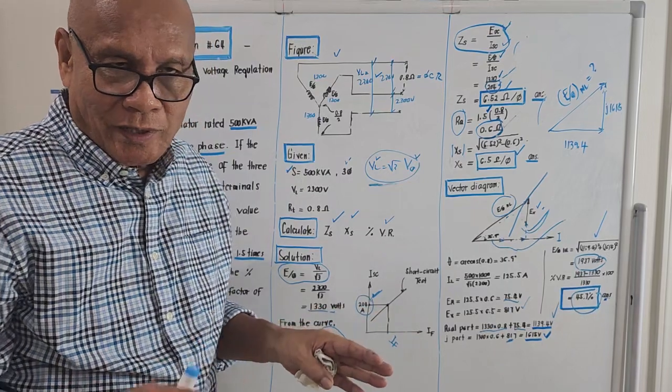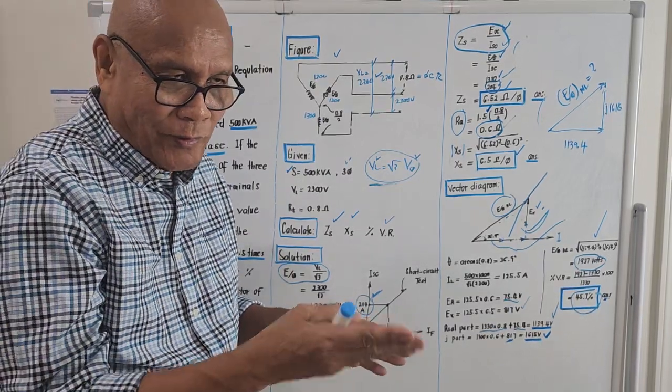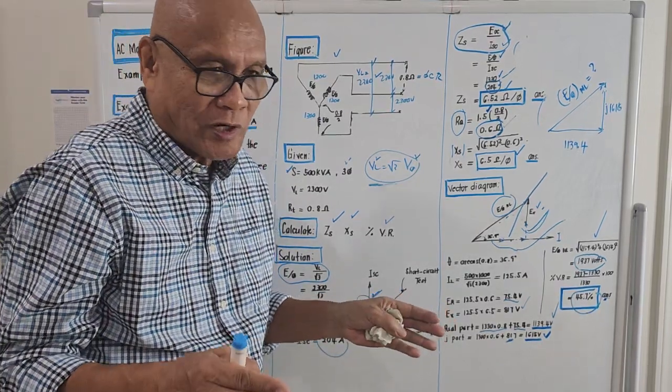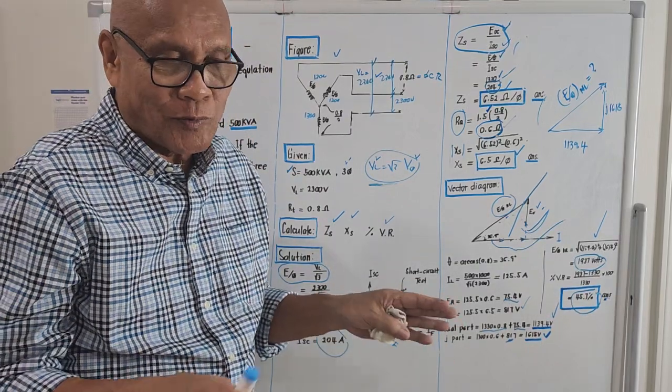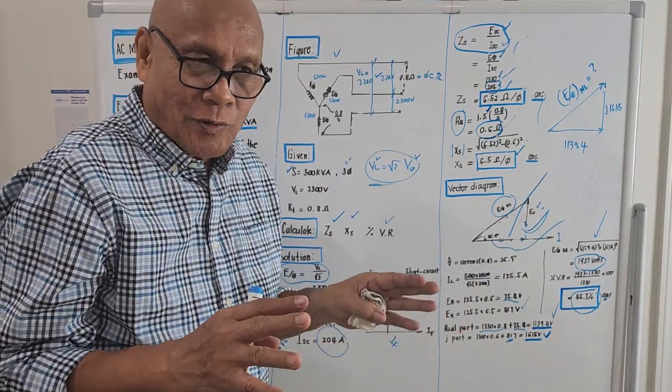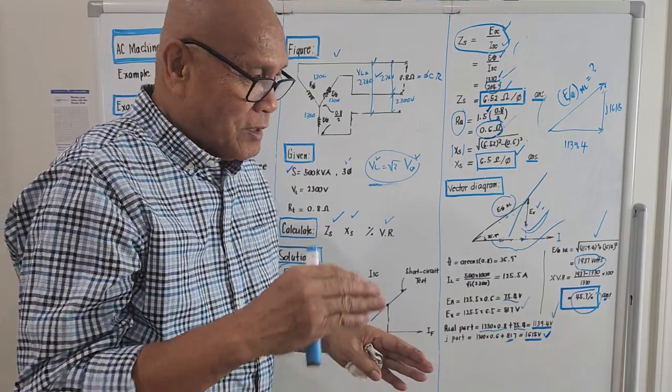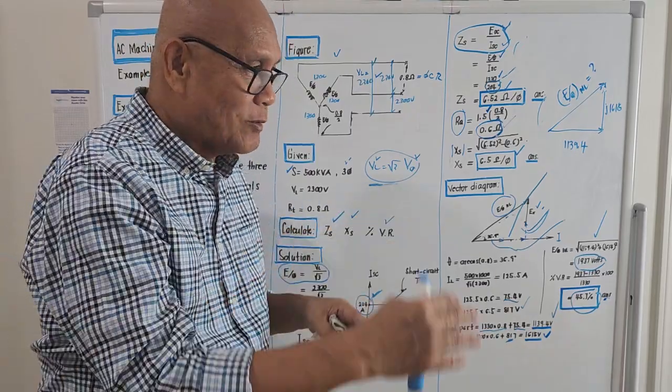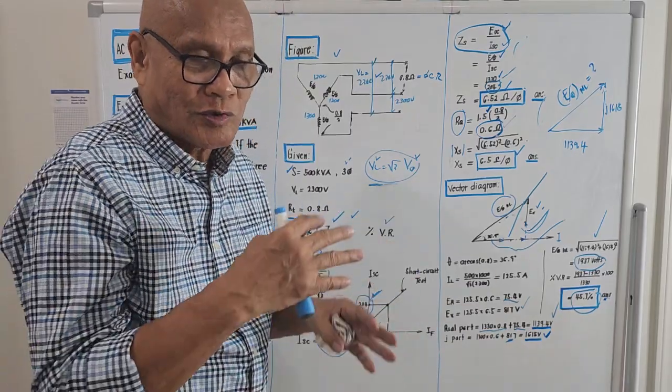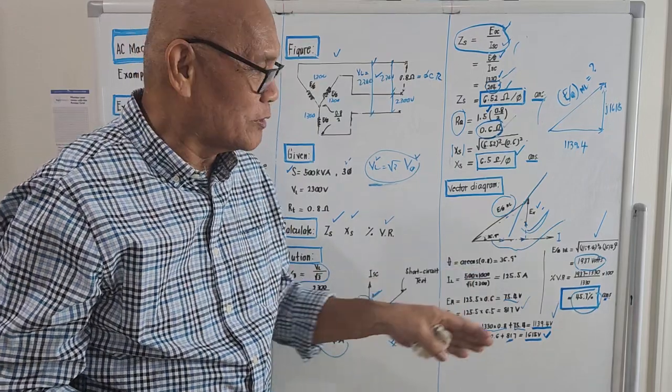For the transformer, the percent voltage regulation is very low because a transformer has no moving parts. But for alternators, there is a physical movement of the alternator just to generate voltage. That's why the percent voltage regulation is high.